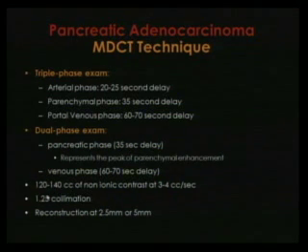Pancreatic phase is the one where you can see the highest enhancement of the pancreatic parenchyma, and usually these tumors are low-density tumors that can be identified with detail in the pancreatic phase. Venous phase is done for evaluation of venous structures and for evaluation of metastatic disease, like in the liver.